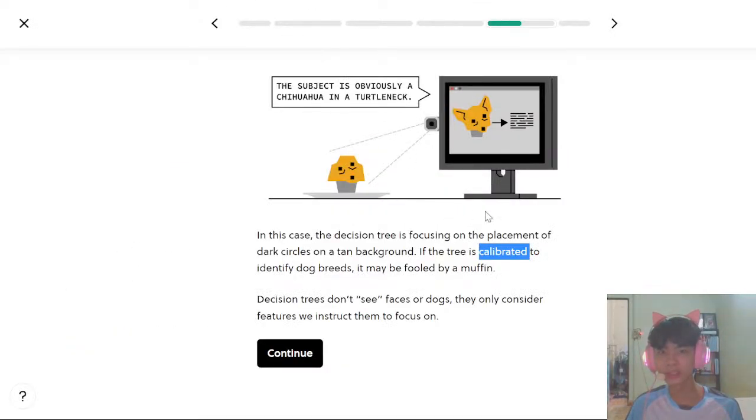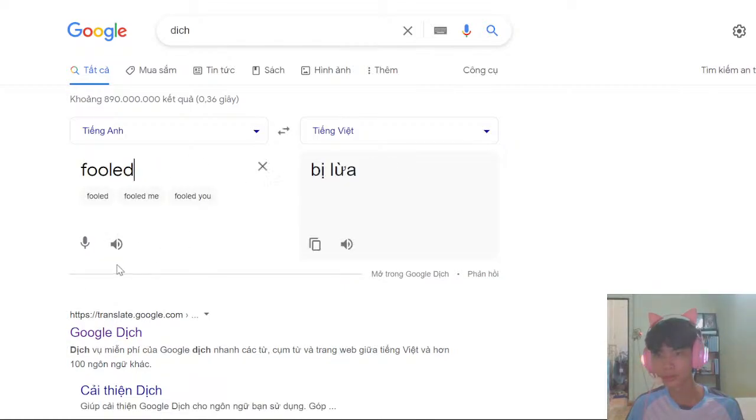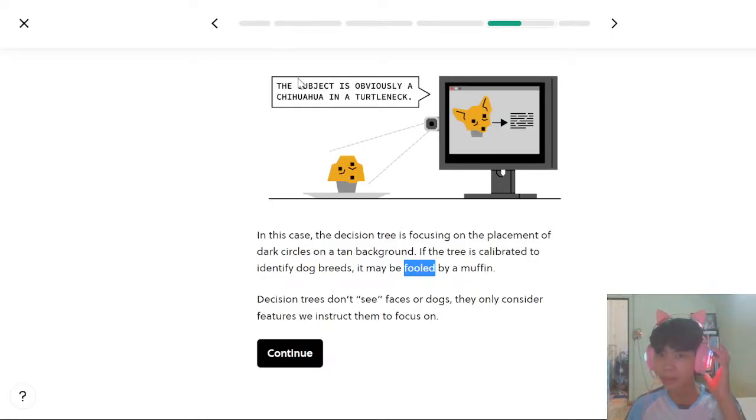If the tree is calibrated to identify dark birds, it may be fooled. Decision trees don't see faces or dogs. They only consider features they are instructed to focus on.